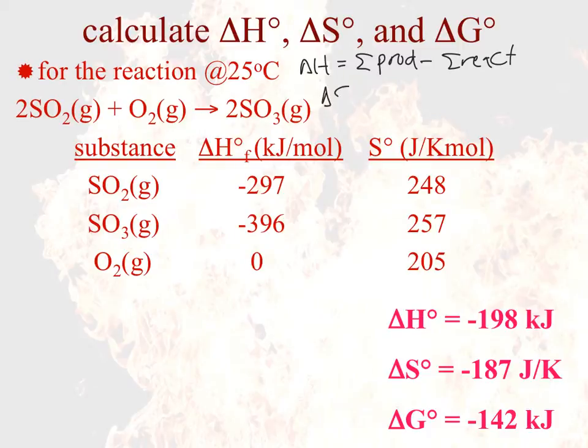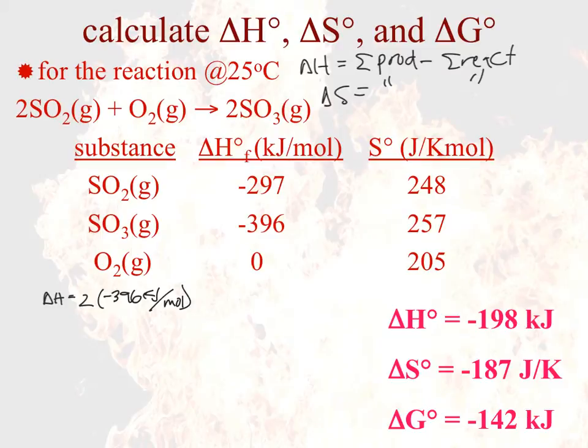So delta S is going to be equal to the above. Let's go ahead and plug those numbers in. Our delta H is going to be equal to our products. So there's 2 moles of our product, SO3, which is negative 396 kilojoules per mole.